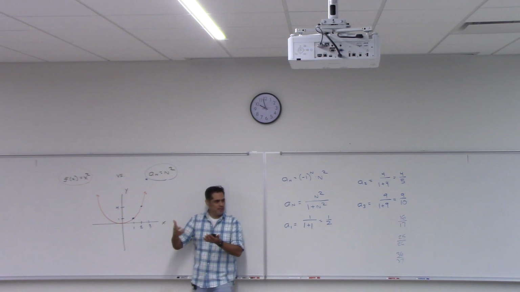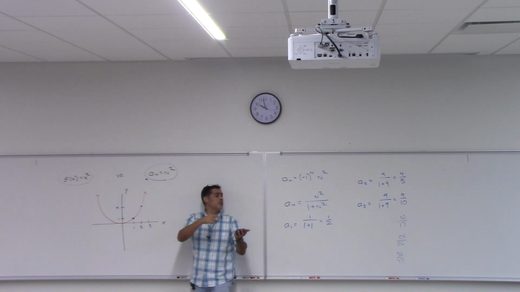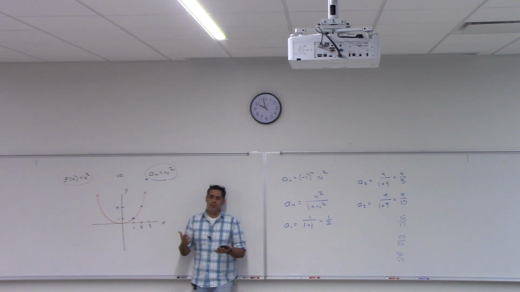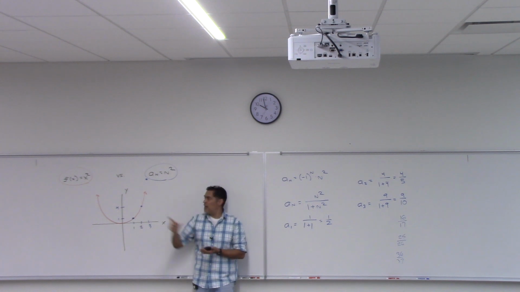What was it? L'Hopital, right? L'Hopital comes in and saves us. What do you do for L'Hopital? You get 0 over 0 or infinity over infinity, and then you take the derivative. The derivative of a function, right?